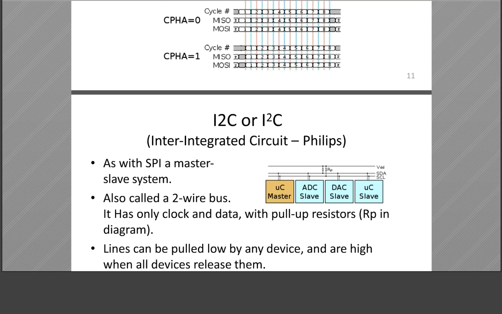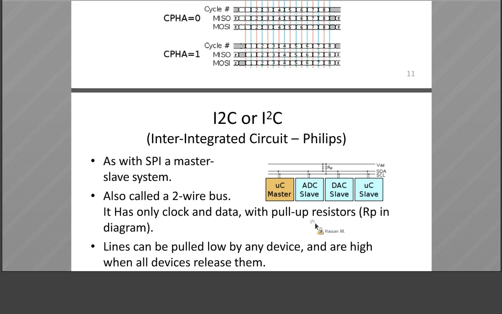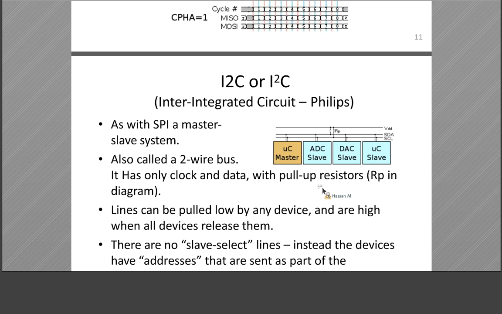In standard I2C, shared between 128 ICs. But in AVR, max have 16 ICs. One master, the others are slaves. One master each time.